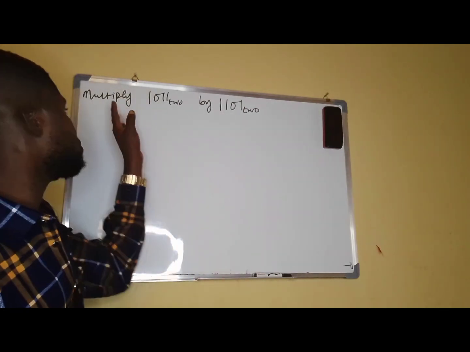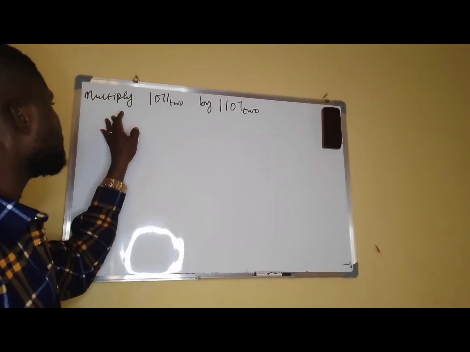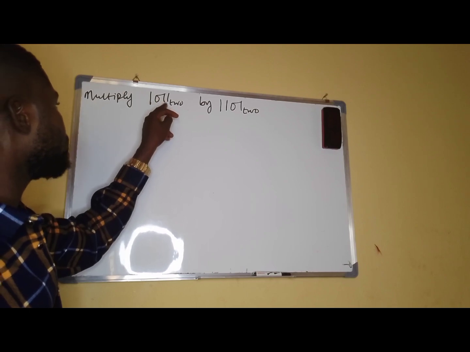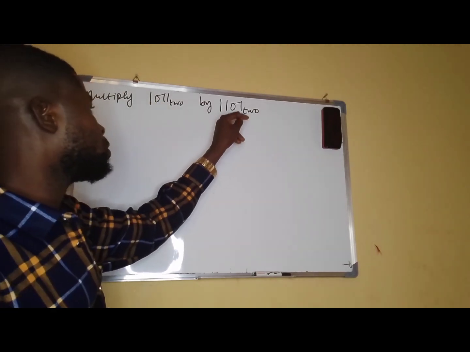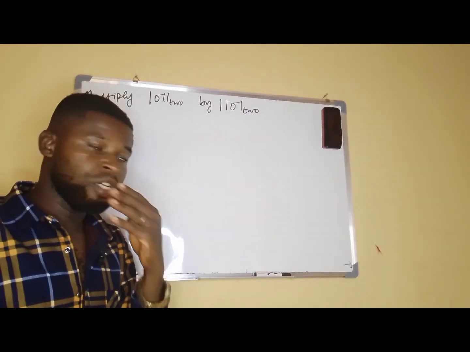Now, this is what we have here. Multiply 1011 base 2 by 1101 base 2.